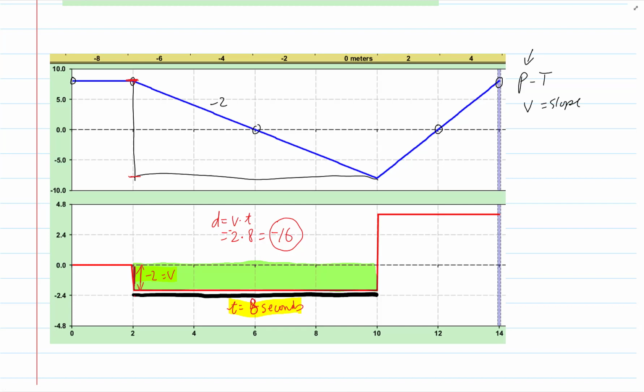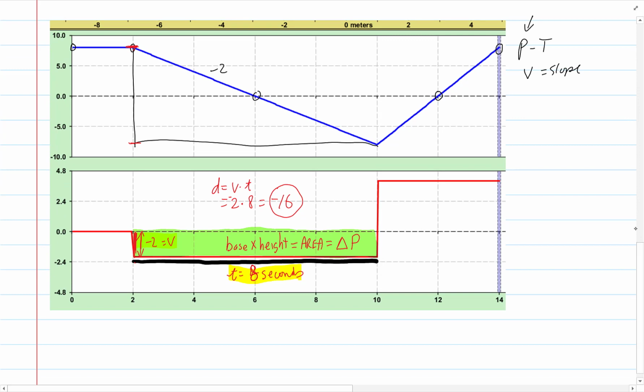is just that. That is base times height. And that's going to be the area. And that happens to be the change in position. So that is going to be our second rule on graphing. Okay?